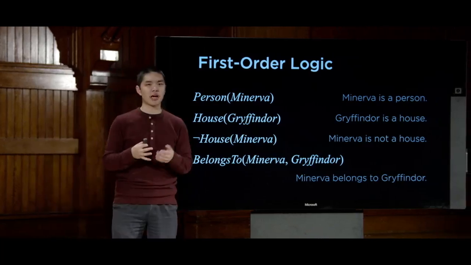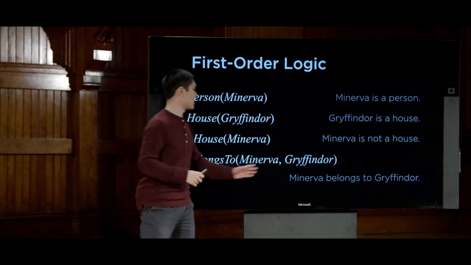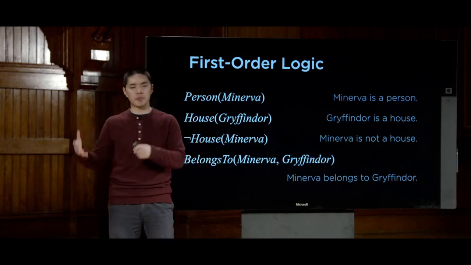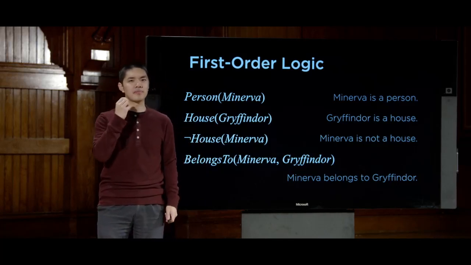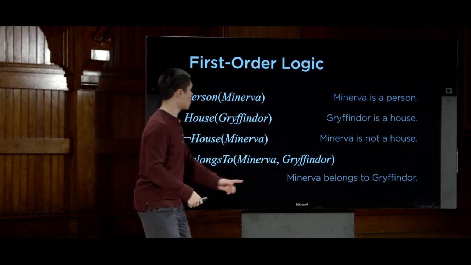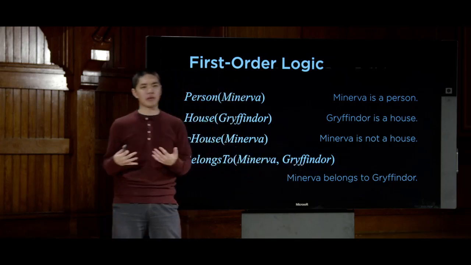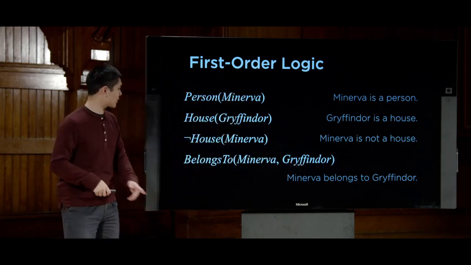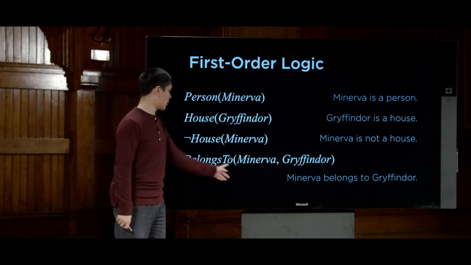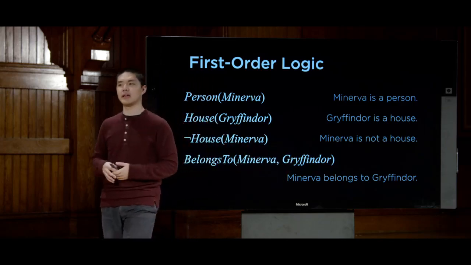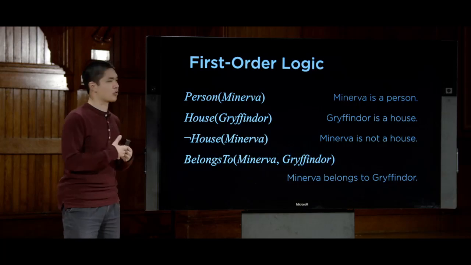In propositional logic, I needed 1 symbol for Minerva Gryffindor, and 1 symbol for Minerva Hufflepuff, and 1 symbol for all the other people's Gryffindor and Hufflepuff variables. In this case, I just need 1 symbol for each of my people, and 1 symbol for each of my houses. And then I can express as a predicate something like belongs to, and say belongs to Minerva Gryffindor to express the idea that Minerva belongs to Gryffindor house.